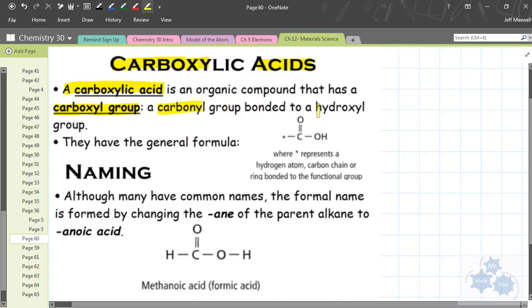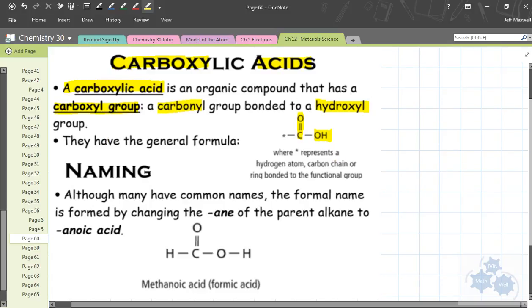So it's carbonyl and hydroxyl. So this C doubly bonded to O, as we've just learned, is the carbonyl group. This, you know, is an alcohol group or a hydroxyl functional group. And so the mixture of them is carboxylic. Okay.